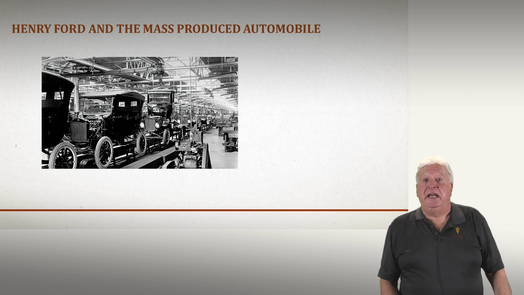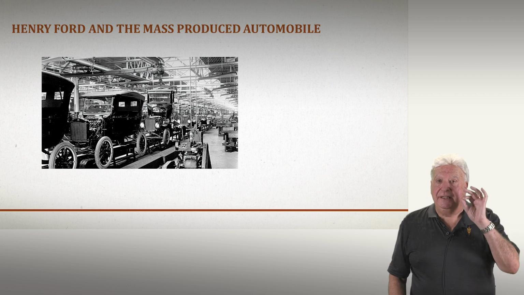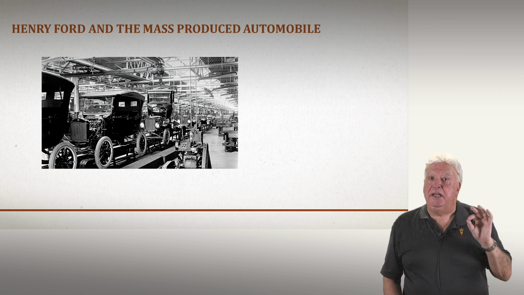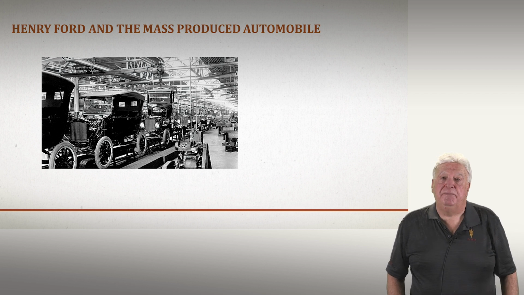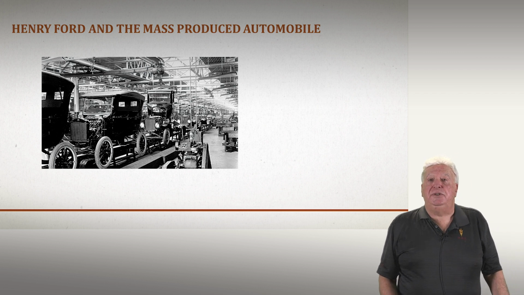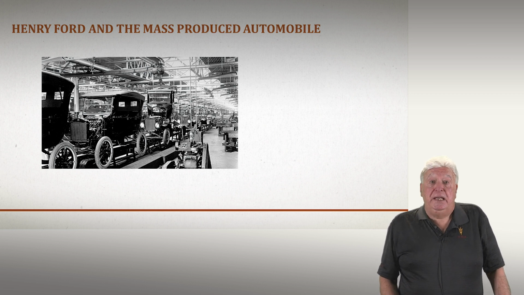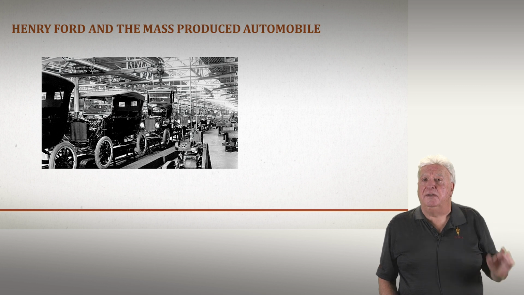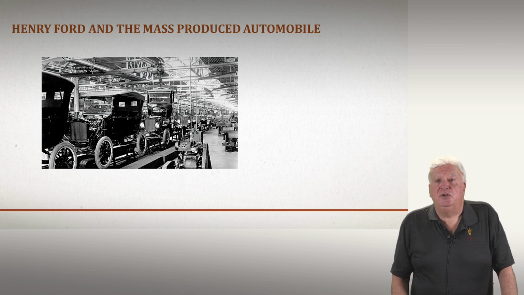The assembly line dramatically increased Ford's profit margin and, this is the important thing, allowed him to drastically cut the price of the Model T. Other companies were forced to install assembly lines to compete, or they'd have to go out of business. The significance of all of this is that Ford had produced an automobile priced low enough that the average consumer could buy it.